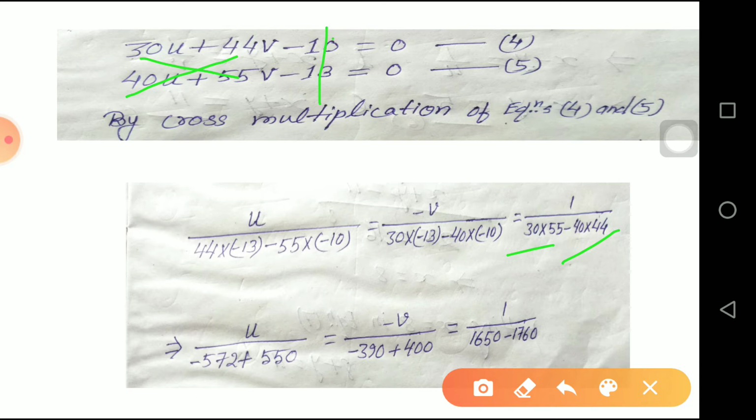Then after calculation, we'll have u divided by minus 572 plus 550 equal to minus v divided by minus 390 plus 400 equal to 1 upon 1650 minus 1760.